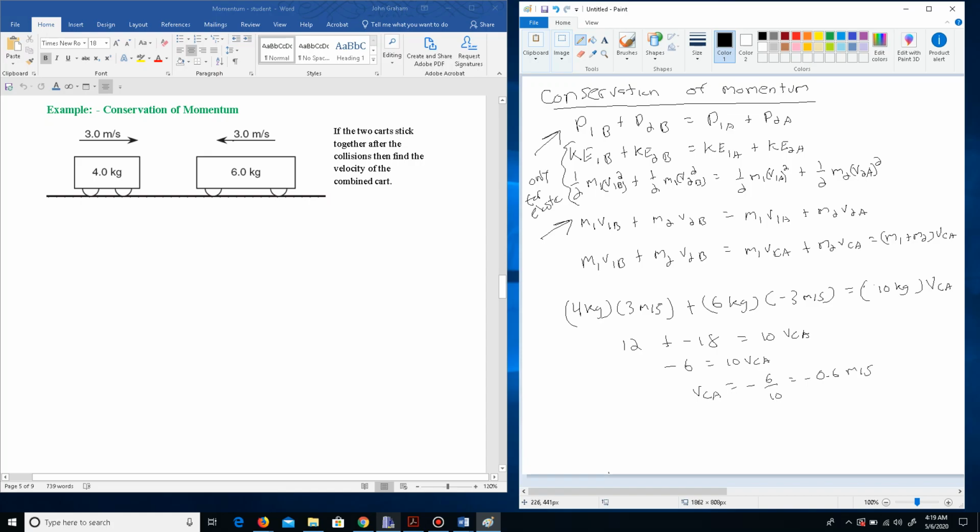So it's going to go to the left together and be combined together. That kind of drew bad, but combined together going at a speed of 0.6 to the left after the collision.